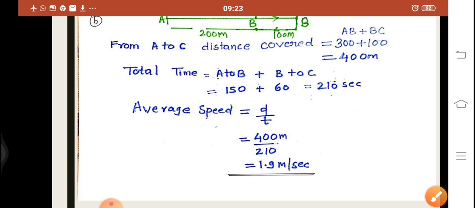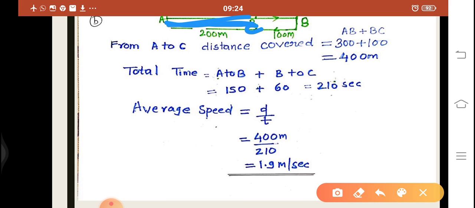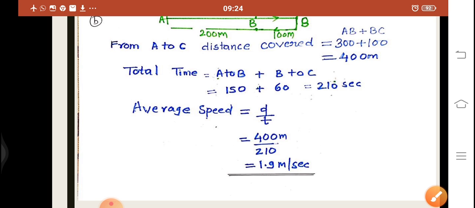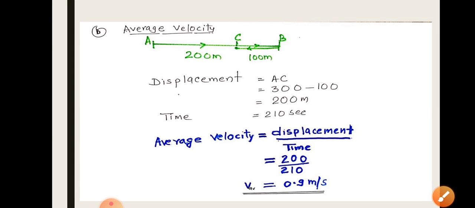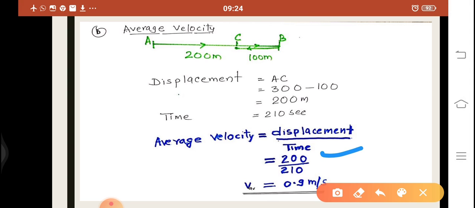Now the distance is 400, but displacement is the shortest distance between initial and final, so it is 200. This point is C. So average velocity will be displacement upon time, that is 300 minus 100, equal to 200, upon 210 seconds. It becomes 200 by 210, 0.9 meter per second.